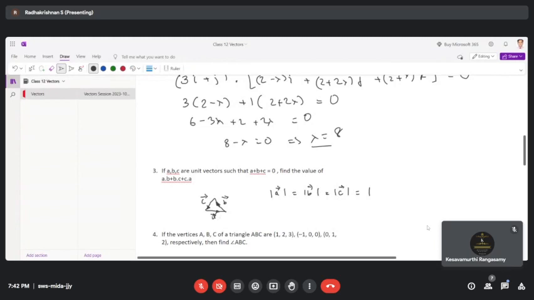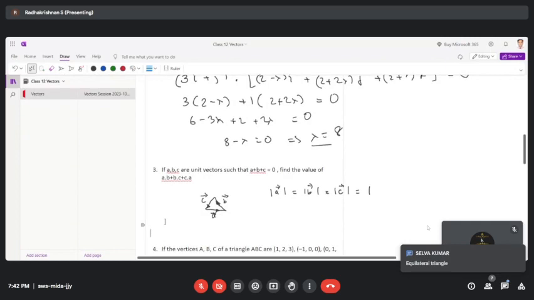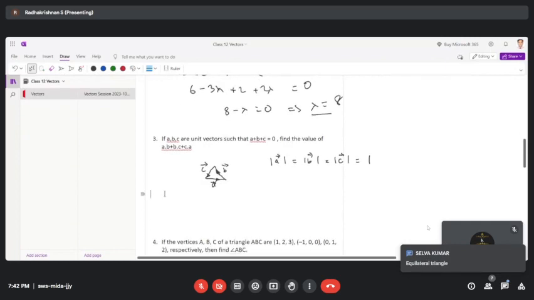Each magnitude is equal to 1, so what type of triangle is this? Equilateral triangle.